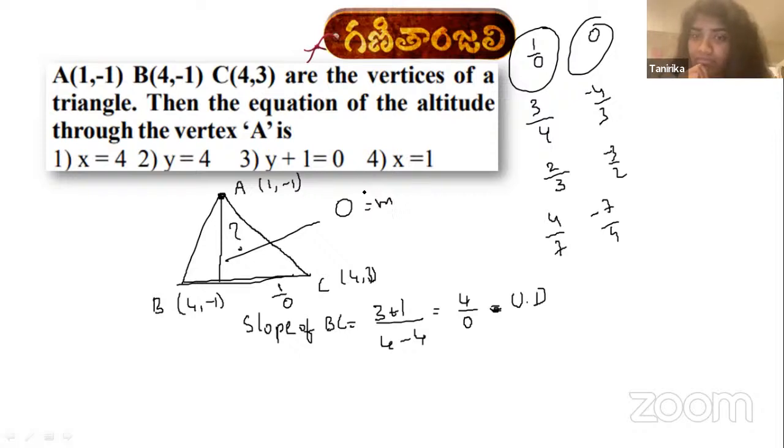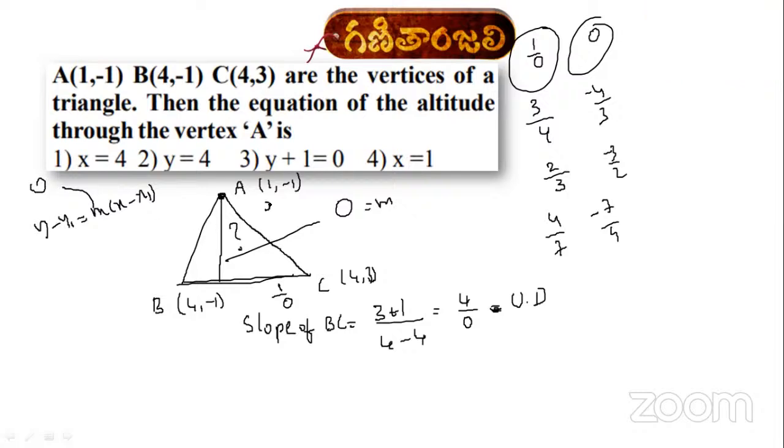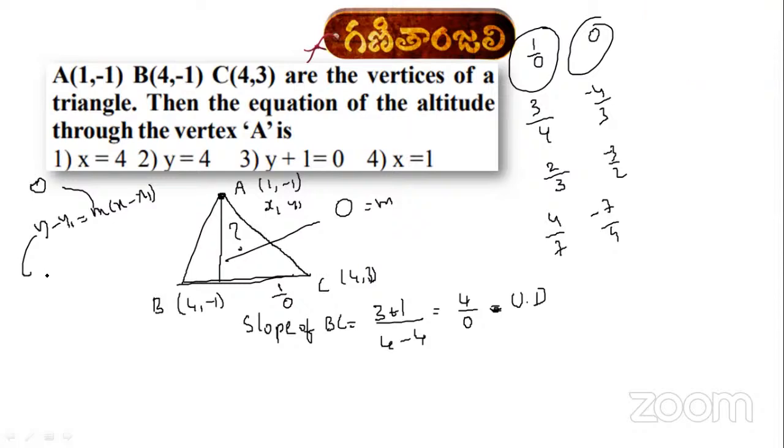Do you remember the point slope form? y minus y1 is equal to m times x minus x1. What is m here? 0. And x1 and y1 are 1 and minus 1. Use this formula to find the equation of this line. y minus y1, y plus 1, right?